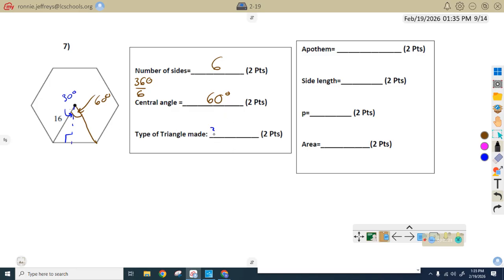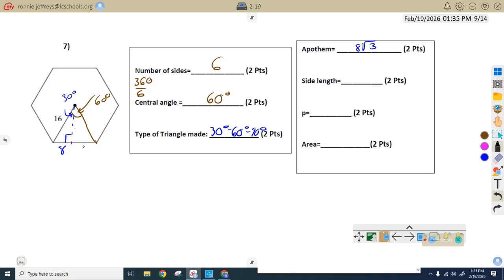Alright, so this is a 30, 60, 90. That means, see, this is our hypotenuse, this would be 8. Our apothem would be 8 root 3.